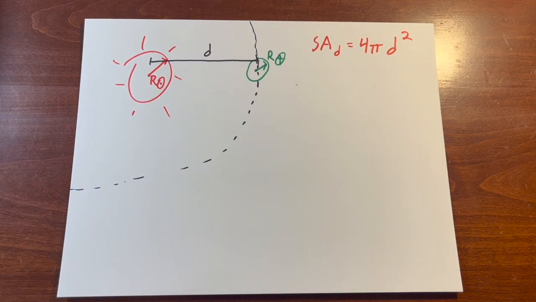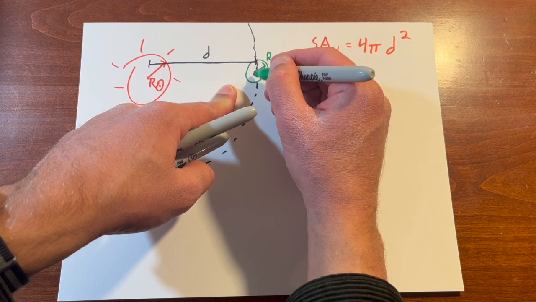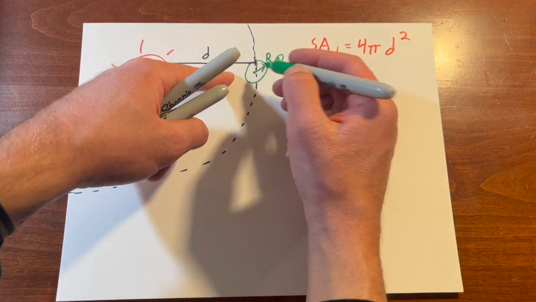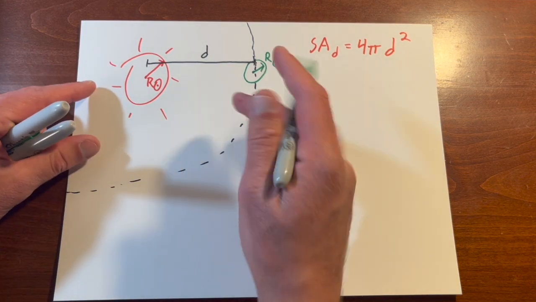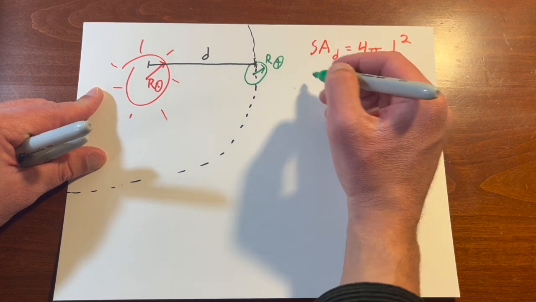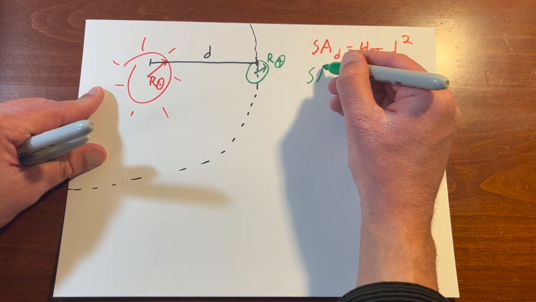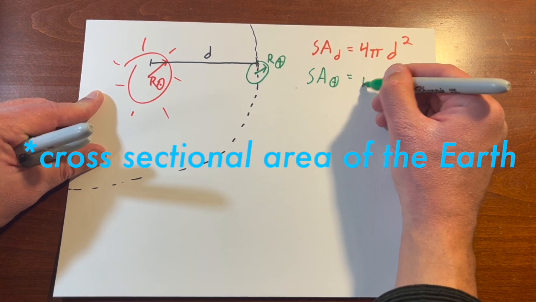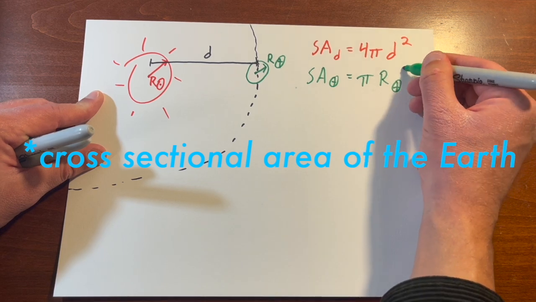Of course, the Earth is not actually absorbing all that radiation because it is not completely surrounding the sun. It is only going to get whatever the cross section is of the size of the Earth at that distance. So then we need to consider a disk where the Earth is of some surface area. Okay, so surface area Earth, pi, radius of the Earth, squared.